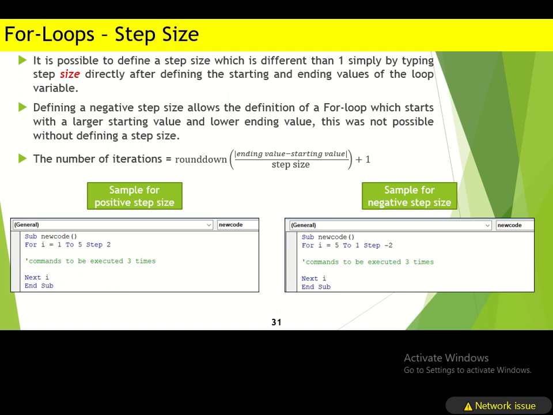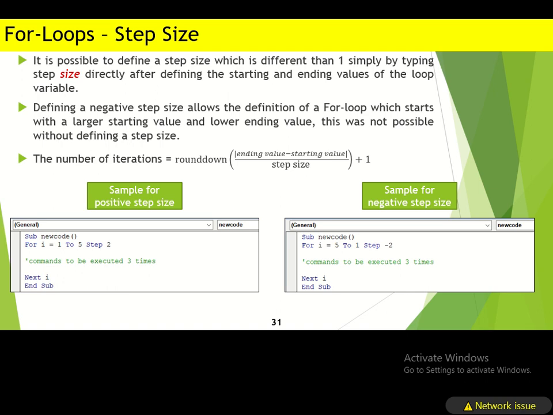You can use the Step command with it. So for I from 1 to 5, a step of 2. The first value of I is 1. The next value is not 2, it is 1 plus 2, which is 3. And the next value will be 3 plus 2, which is 5.